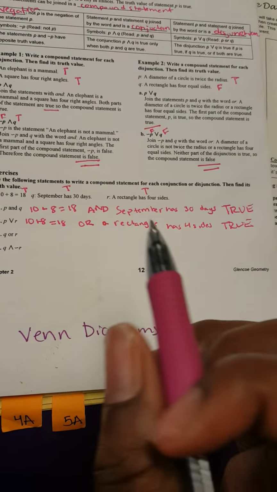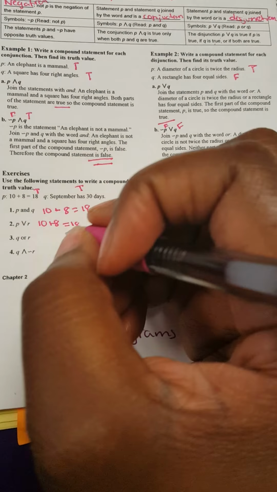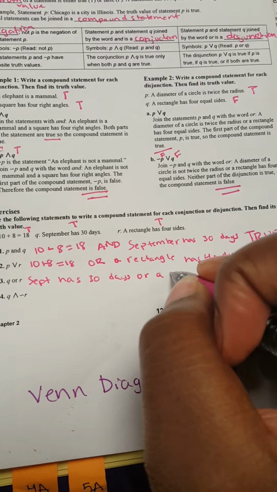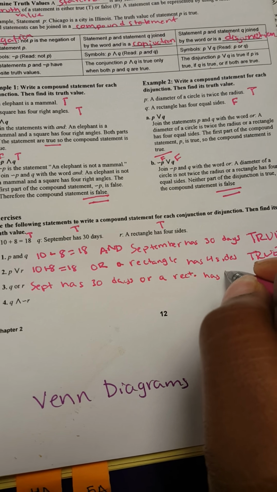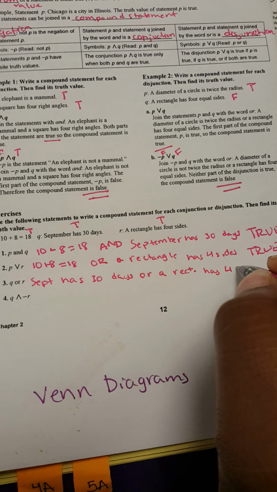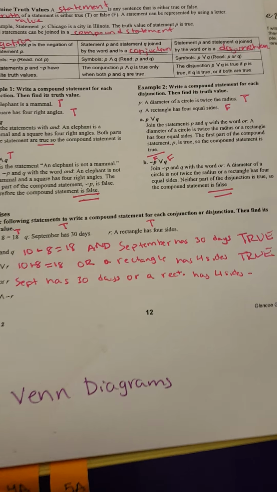Q or R. Q, September has 30 days, or a rectangle, I'm going to abbreviate a little bit, has 4 sides. Since both statements are true, this is still true.